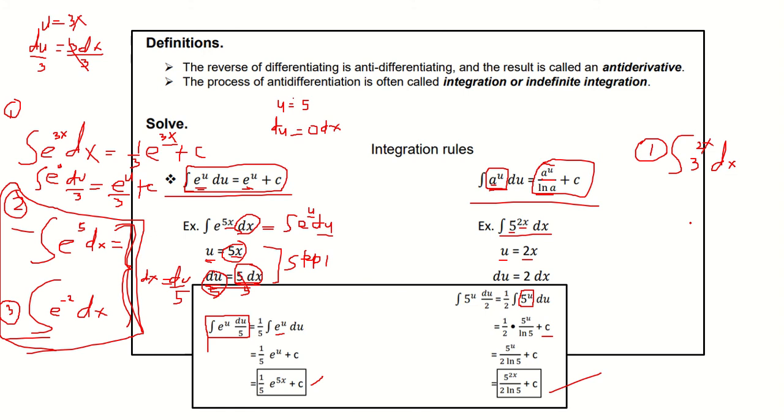Let's start first with the first step. What is our u? 2x. du, that is 2 dx. dx ay du over 2.